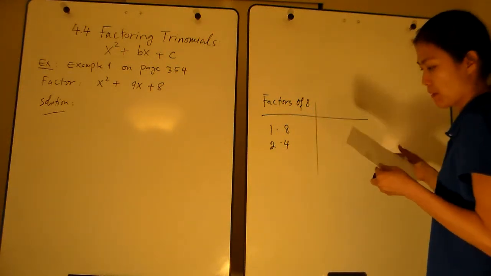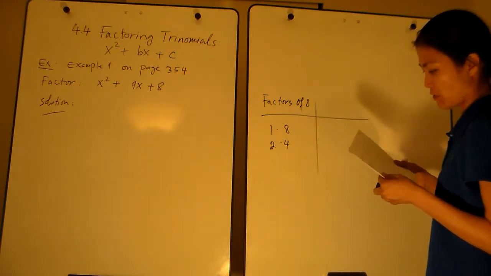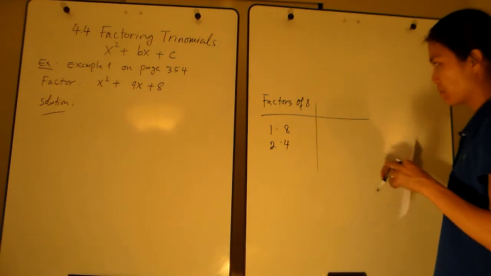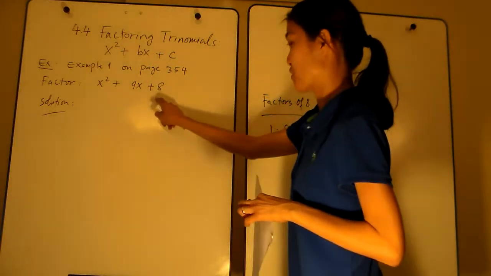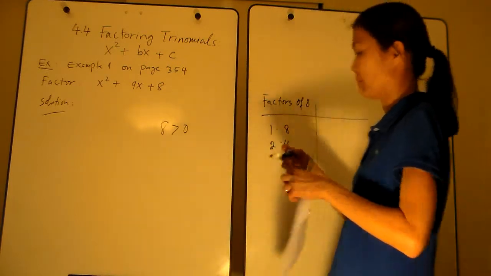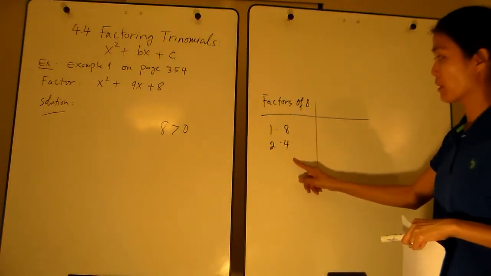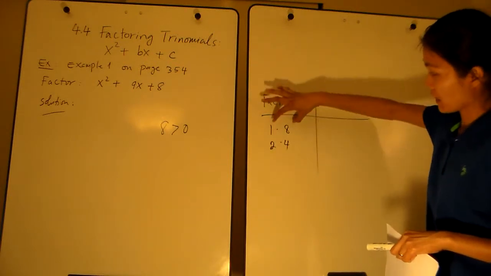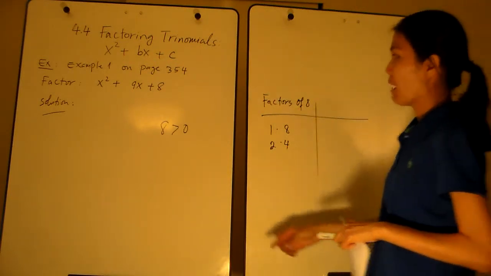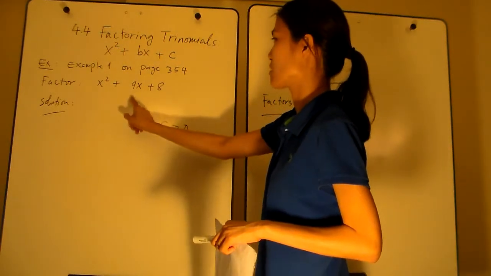And then if c is positive, then the sign of the factors are the same as the sign of b. The sign of c, which is 8 right here, is positive, right? So you know that the factor pair you're looking for, either 1 and 8 or 2 and 4, will have the sign similar to the sign of b, which is 9 right here.